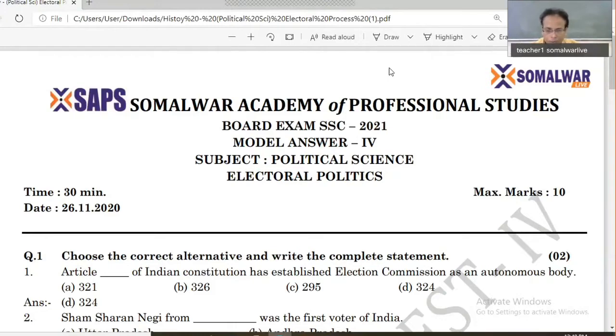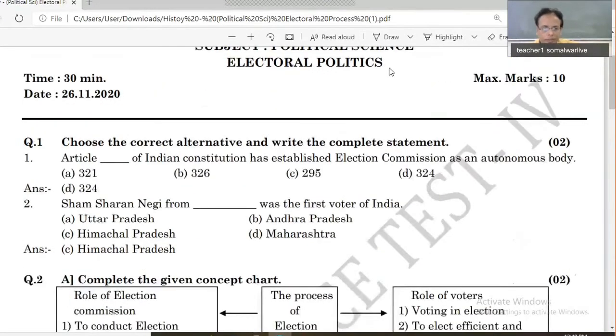Now, question number one, the very first one: choose the correct alternative and write the complete statement. Once again, you are not expected to just write the answer or the option, but the entire statement along with the answer.